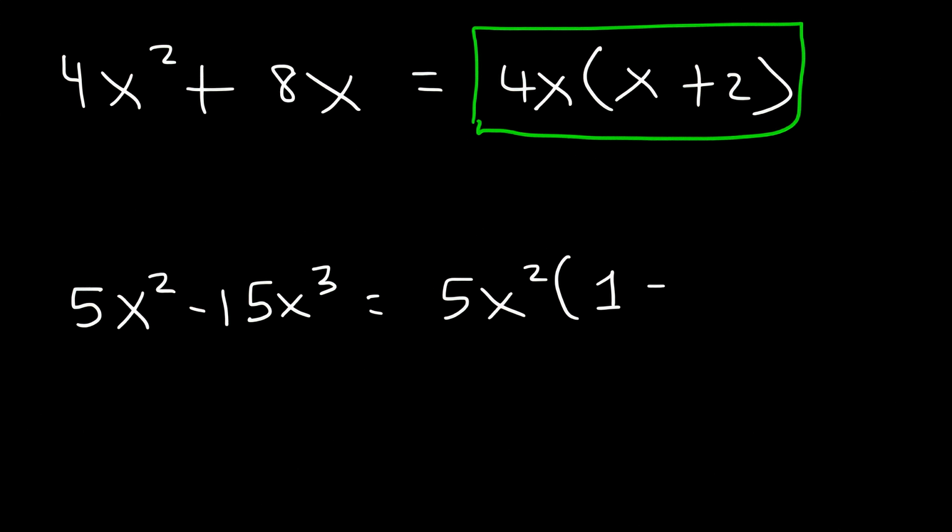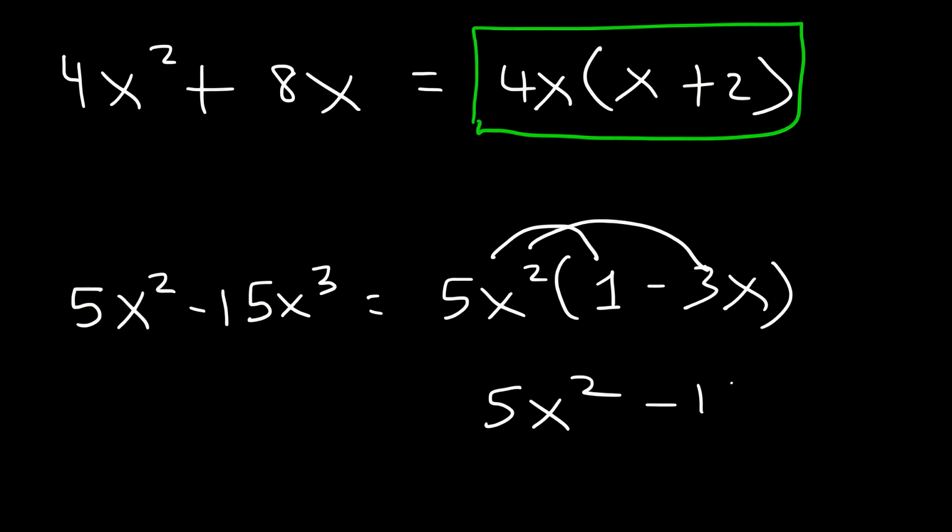Negative 15x cubed divided by 5x squared is negative 3x. 5 times negative 3 is negative 15. X squared times x is x cubed. You can always multiply to check your work. If you distribute, you should get the original expression. So that's how you can tell if your work is correct.